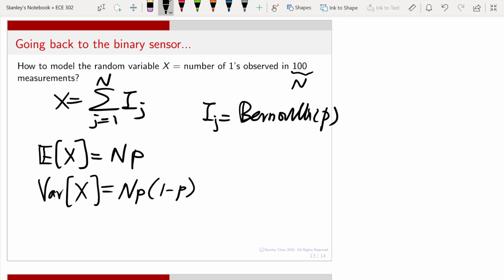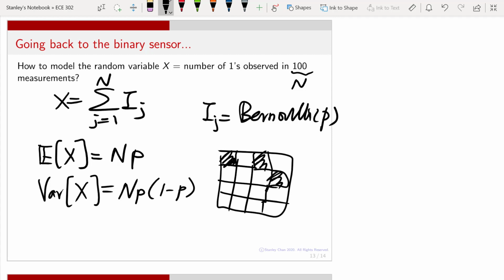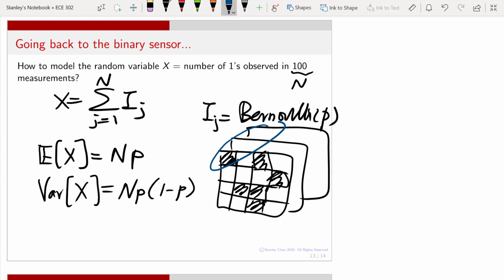Okay, so now given this sensor, here we have some binary pixels. Sometimes it is 0, sometimes it is 1, and so on. So here you have some zeros and ones, and then you measure this multiple times. If you trace along this time axis, then you will get a bunch of ones and zeros, and they will have a mean of n times p.